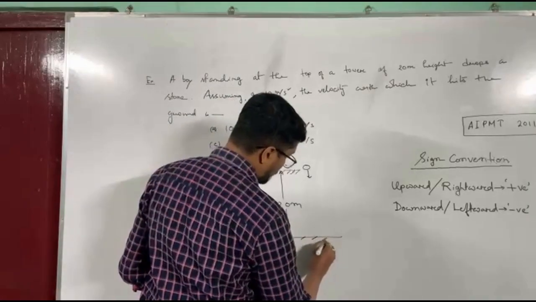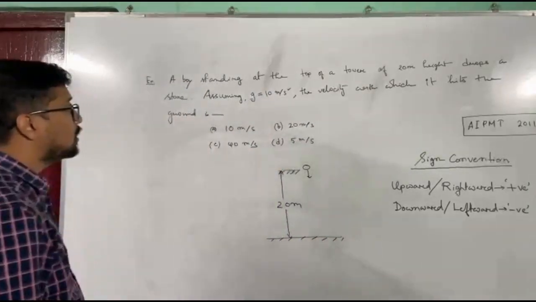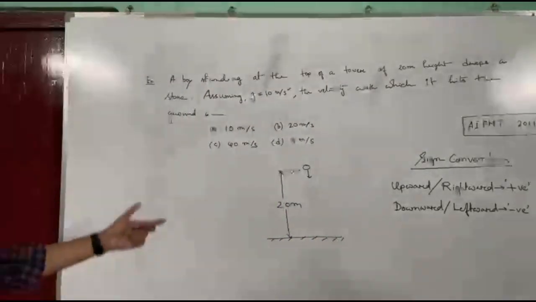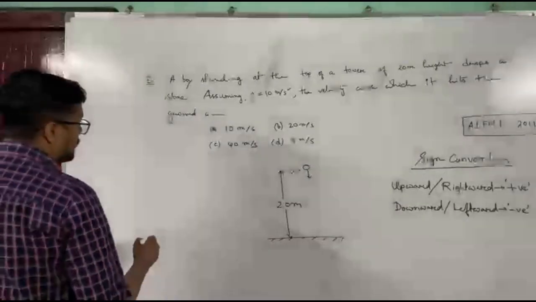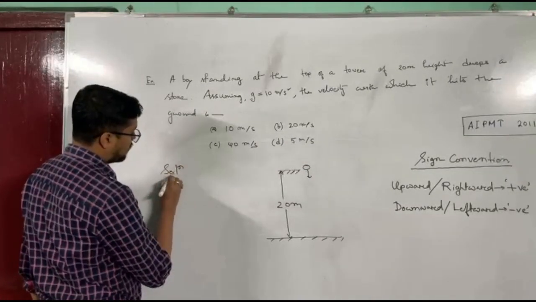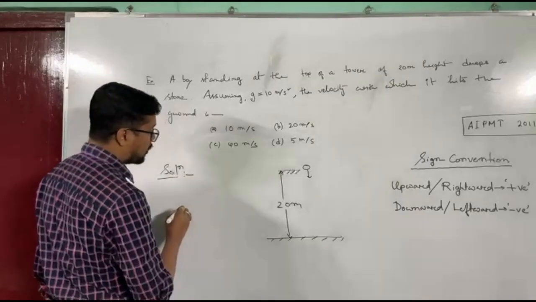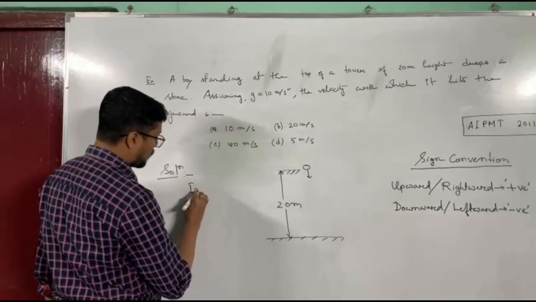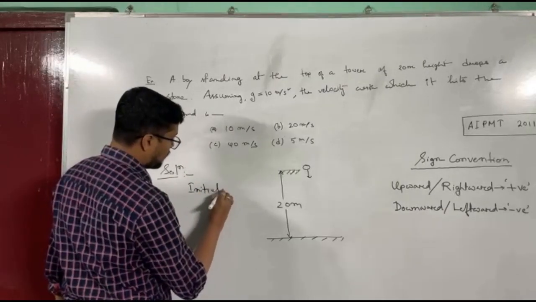As we know, in free fall, we can consider initial velocity is 0, always.